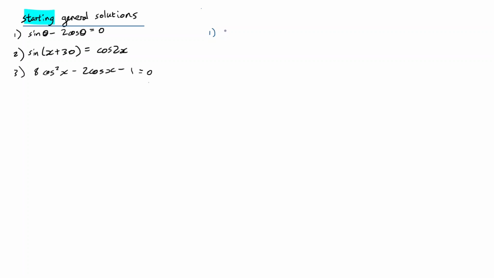So for the first question, all you want to do is see, I've got a sine, a cos, I've got the same angle, totally chilled. I'm going to take that cos across. When I see that it's got the same angle, that's a standard question where you want to divide both sides by cos, and that will take it to the next level. You divide both by cos, and what you've got when you've done that, my buddy, is you've got tan, and that just cancels.